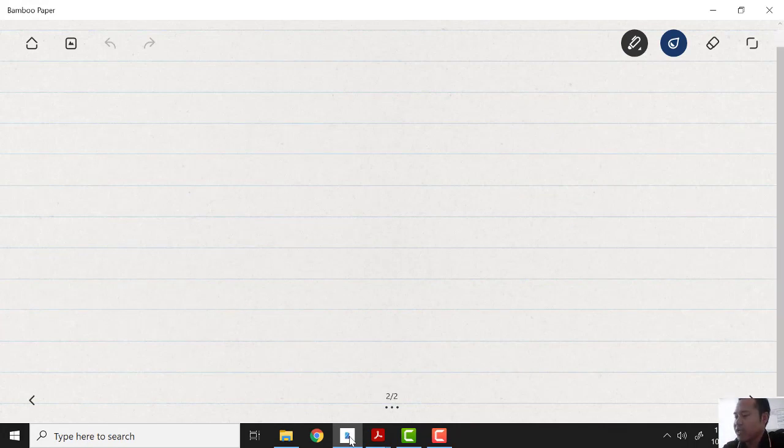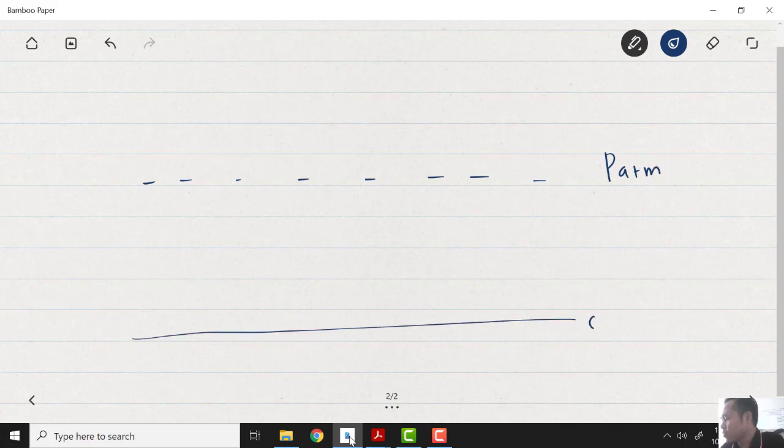First of all, for example, we have a line of atmospheric pressure, PATM. If you measure anything, we start measuring from zero.